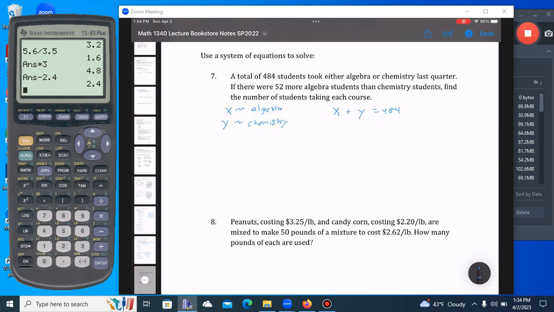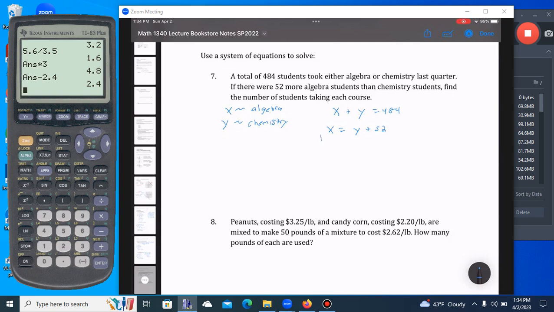Now the next one's harder to get. If there were 52 more algebra students than chemistry students, right? So that means the algebra students, which is X, has to equal the chemistry students, which is Y, plus 52, since there's 52 more.